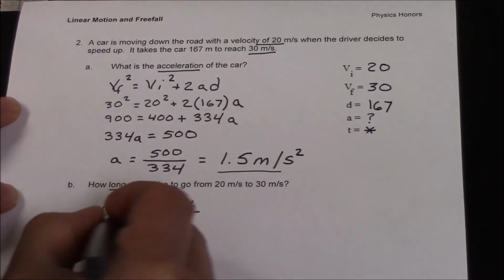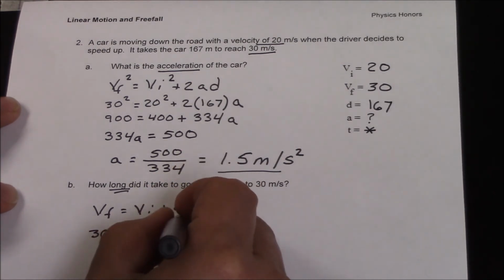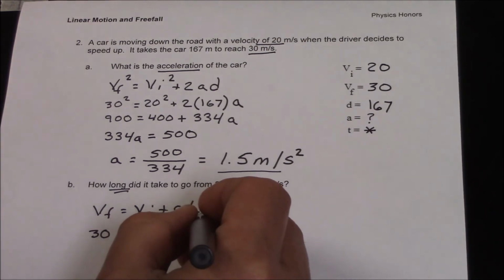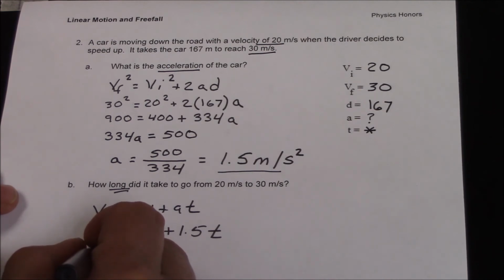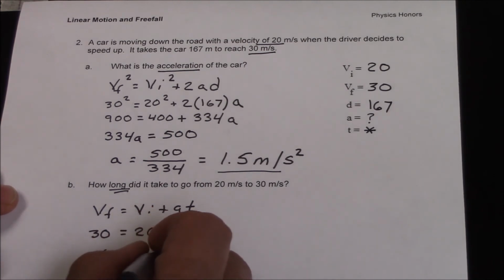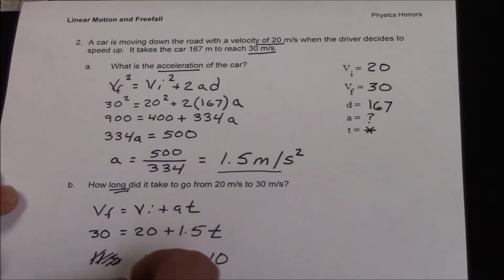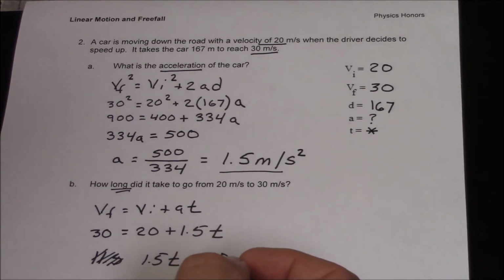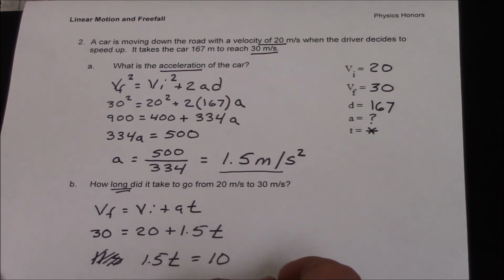Final is 30 meters per second, initial is 20 meters per second, plus A, which we just calculated as 1.5, T. So 1.5 T equals 30 minus 20, which is 10, so T equals 10 divided by 1.5, which is 6.67 seconds.